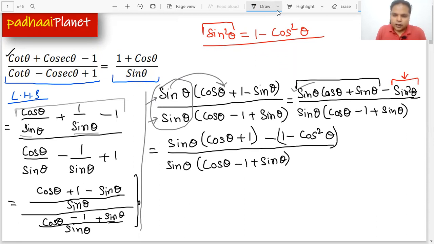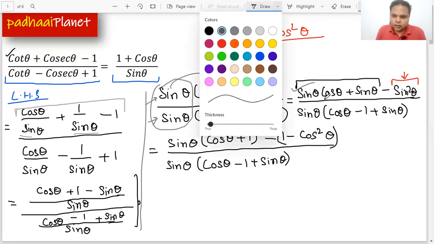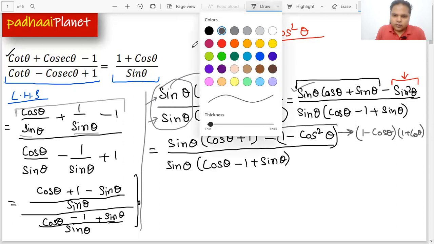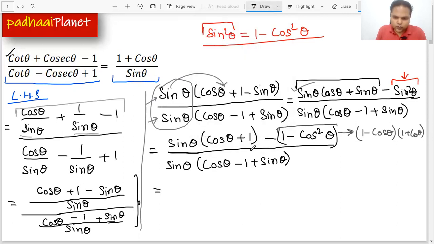Let's relook at this particular term. This is nothing but another form of (1 minus cos theta)(1 plus cos theta). Correct? And now we will write it in that form.